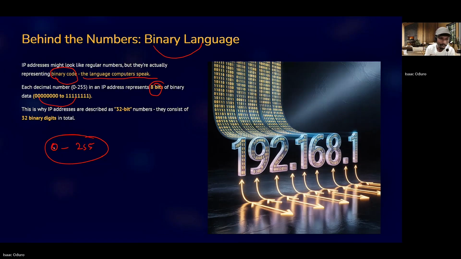Now, we have the minimum part of the IP address, and then we have the maximum part of an IP address. The minimum part is from 0, and the maximum part is always n-1. How do you do this?